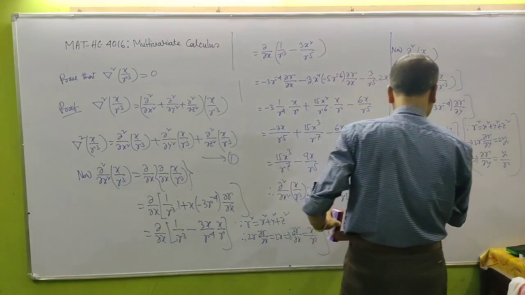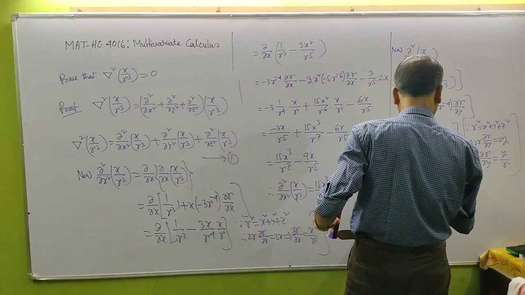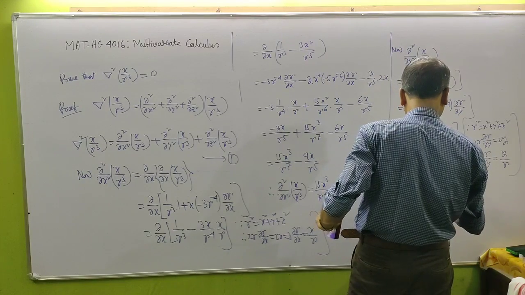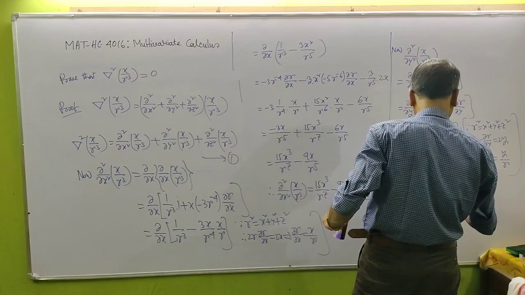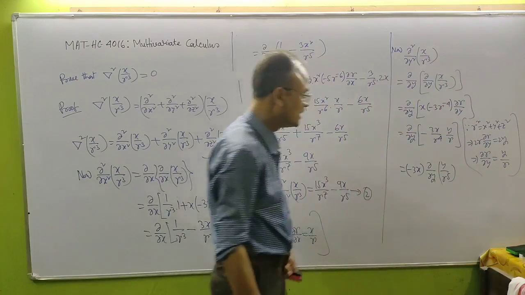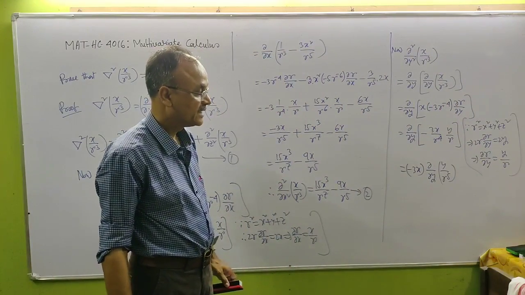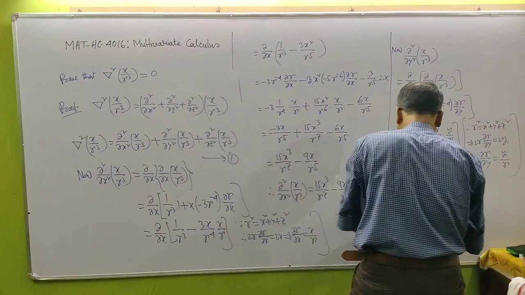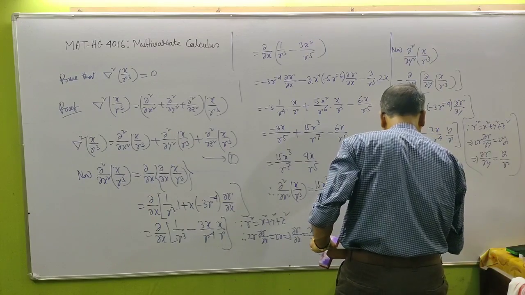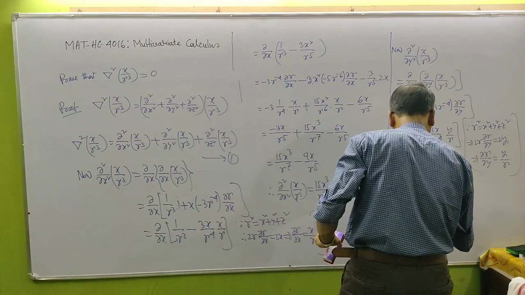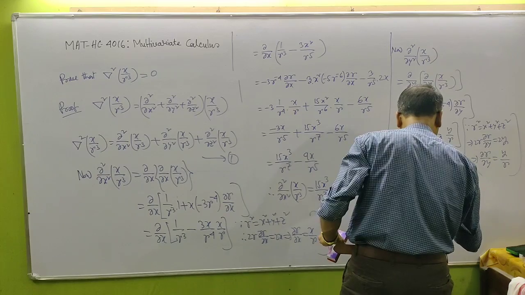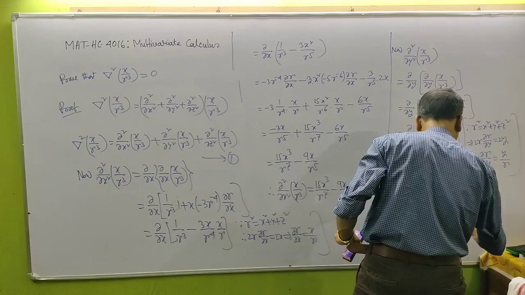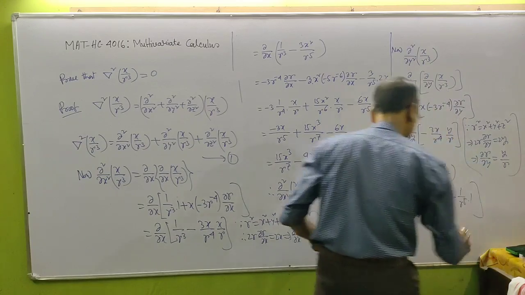Now, this is equal to minus 3x, which is common, del by del y of y by r to the power 5. It will again be a product function. This is equal to minus 3x times y into minus 5 r to the power minus 6 del r by del y, plus 1 by r to the power 5 into 1.